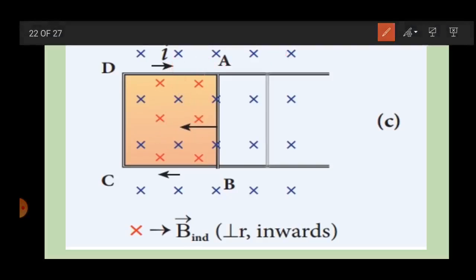So magnetic flux φ_B is decreasing, and the induced current opposes it. From this, it is found that the induced current flows in a clockwise direction. This is the clockwise direction.